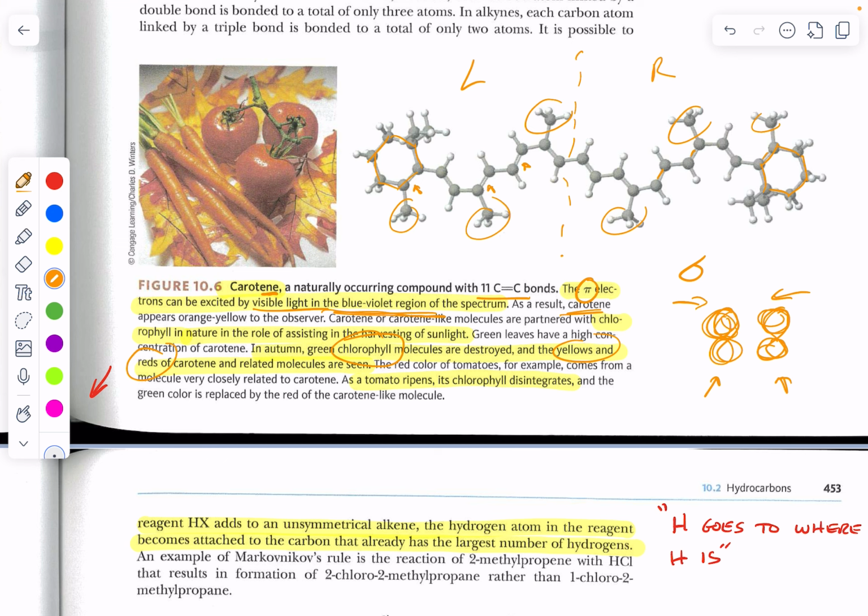The yellows and oranges are the carotenes, the reds and purples are xanthophylls, if I remember correctly. And then you have these beautiful colors that are left behind when the tomatoes ripen, or when the peppers, for that matter, ripen, or when the leaves begin to get old and prepare to fall off. You get all the gorgeous colors. God loves color. What can we say?